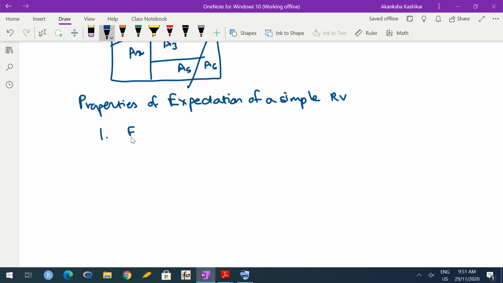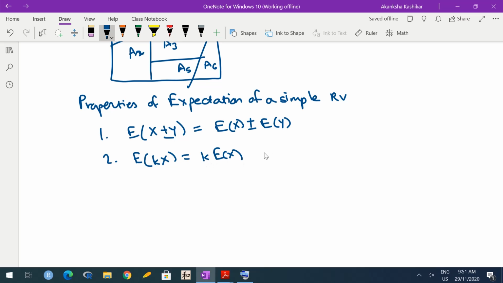Linearity says expectation of X plus Y or X minus Y would be equal to expected X plus or minus expected Y. Okay, this is linearity. Then the second property says expectation of k times X would become k times expected X if k is a constant.